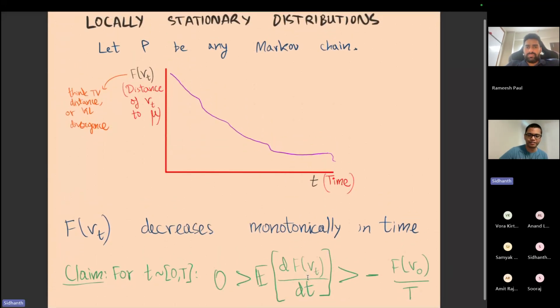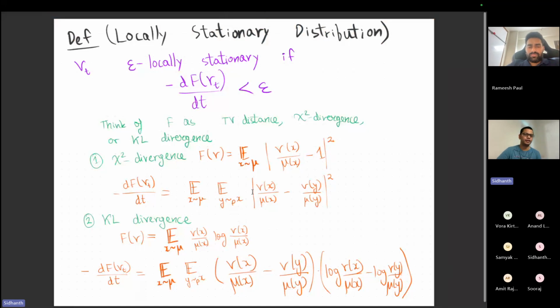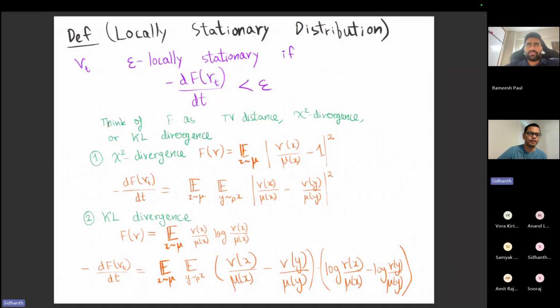So this motivates the definition of a locally stationary distribution as a distribution where this derivative of the divergence with respect to time is very small. That is, the distribution is not making progress towards the stationary distribution.